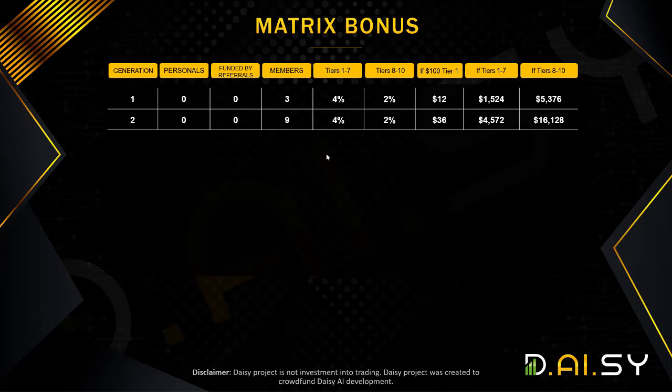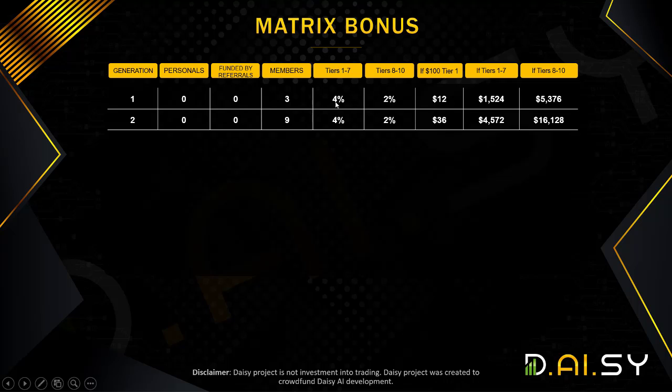That's the first 3 people underneath you, and then 9 people underneath you. So you'll earn 4% on each of them, and it's 4% of what they pay to go into that matrix. So if it's the $100 matrix, you'll get $4 on each person. If it's the $200 matrix, you'll get $8 on each person. If it's the $400 matrix, you'll get $16 on each person, right?